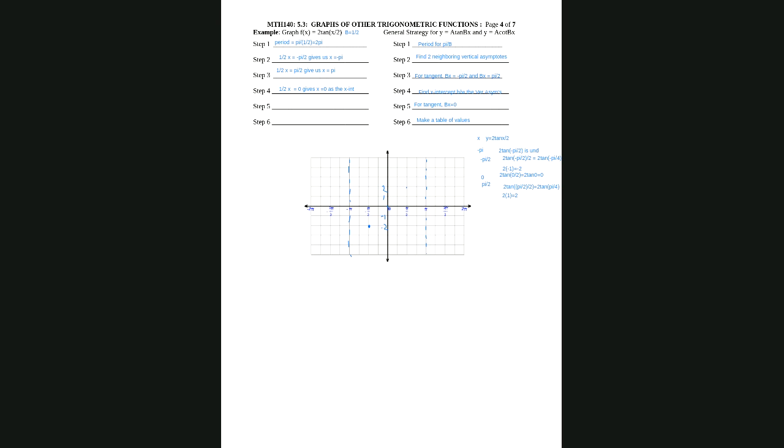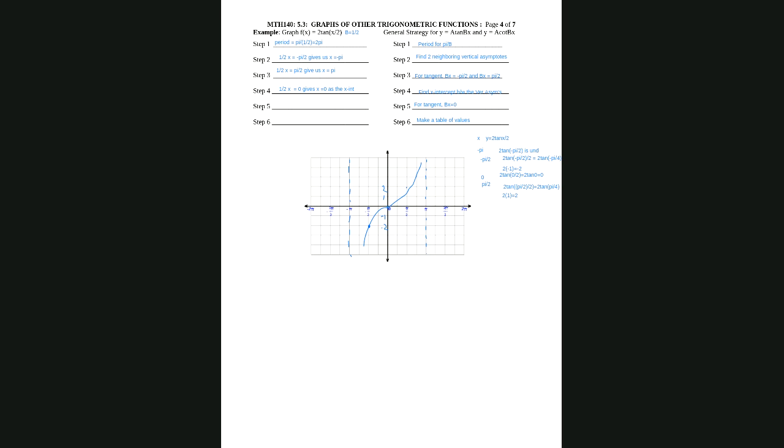And I'm going to do the best I can of drawing a nice smooth curve like so, and then a nice smooth curve on this side. And I can go ahead and repeat this. So remember, this is one period of the graph, and it has a period of 2 pi.